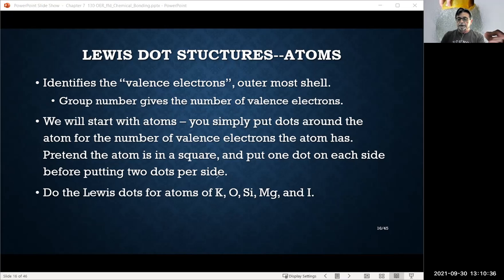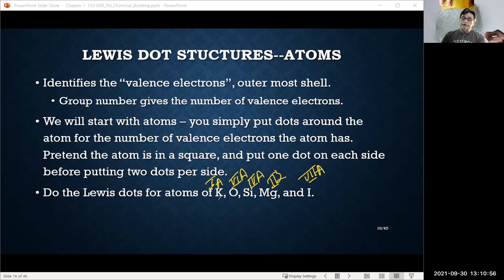Potassium obviously is in group 1A, so that's 1 valence electron. Oxygen is in 6A. Silicon is in 4A. Magnesium is in 2A. And iodine is in 7A.